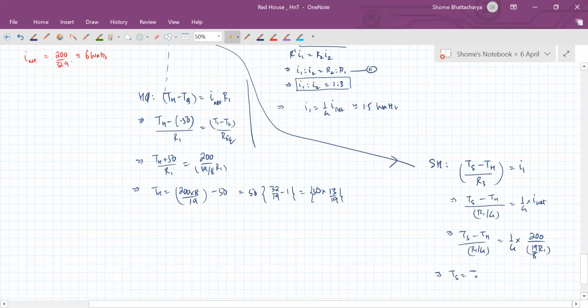So TS will become TH plus, now this will become 200 by 16, so 2 into 19. So this should be TH plus 100 by 19.